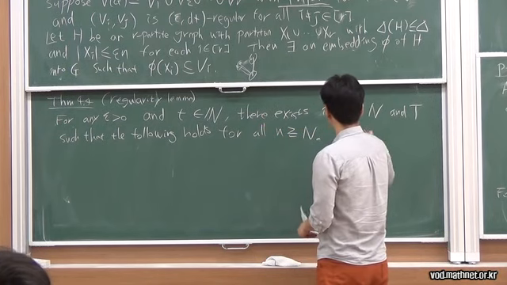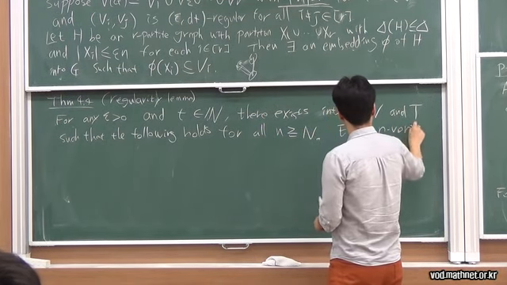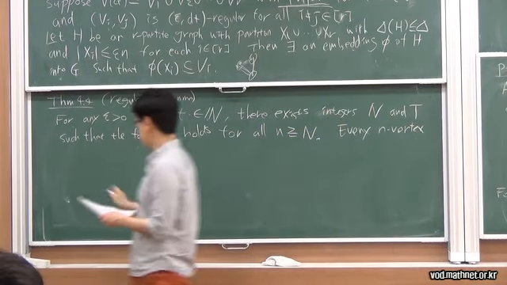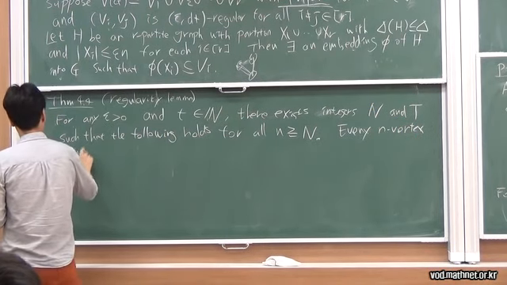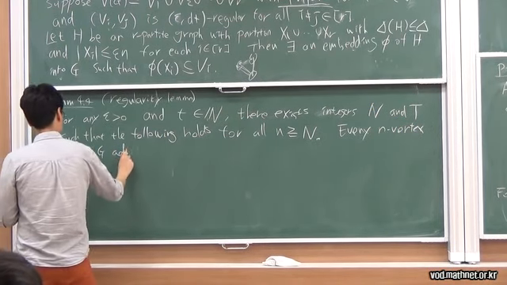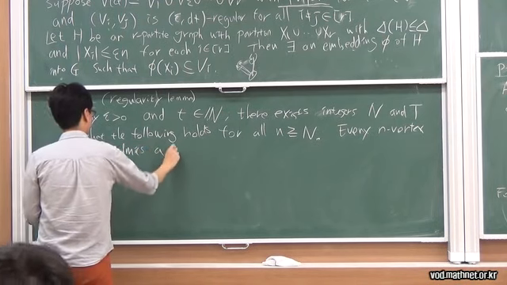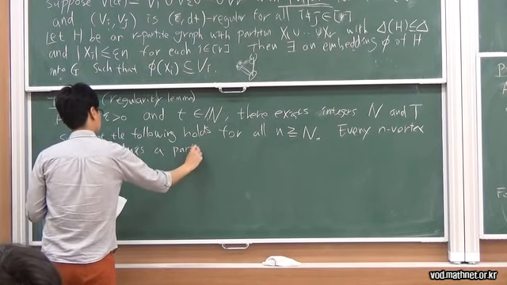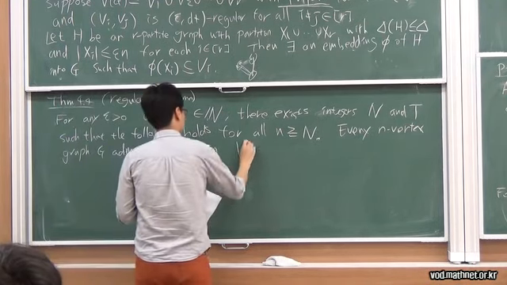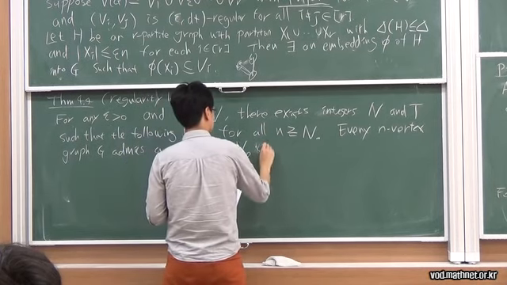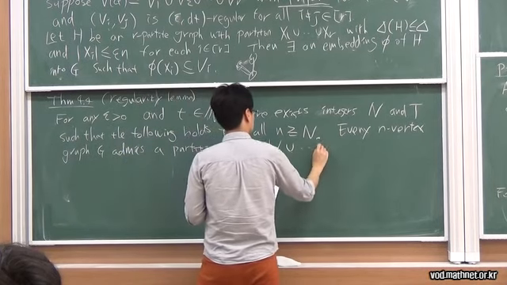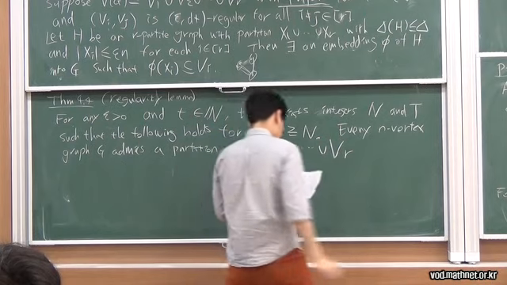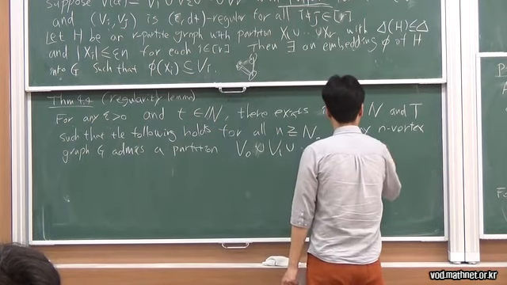Then every n-vertex graph G admits a partition V sub 0, V sub 1, up to V sub r, satisfying the following.